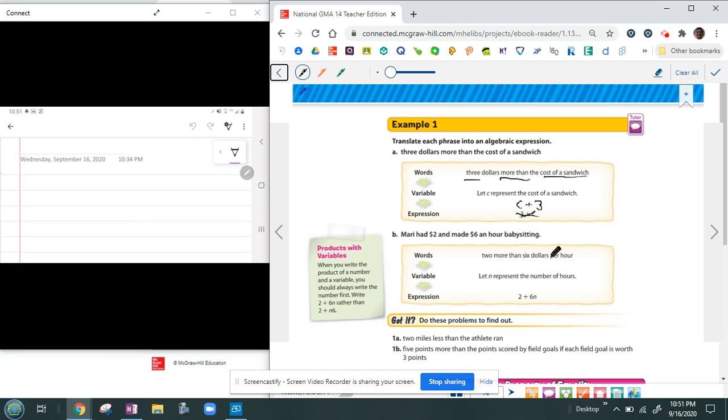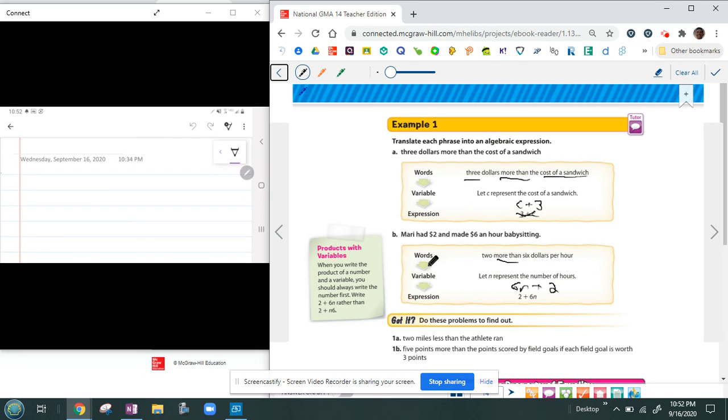All right. Anyway, 2 more than $6 per hour. Well, we're going to define the number of hours as n in this case. So we're defining our variable, that important second step. And then we have 2 more than $6 per hour. So 2 more than 6 times the number of hours, right? And I would prefer, again, to make that 6n plus 2, because of that more than phrase.